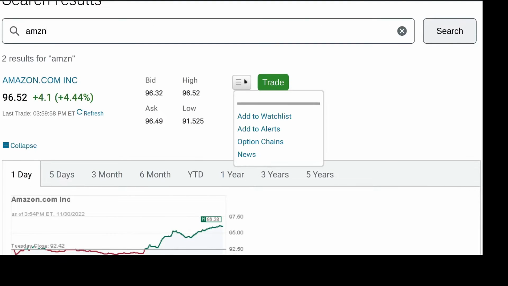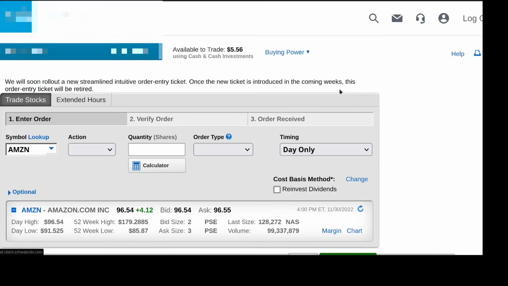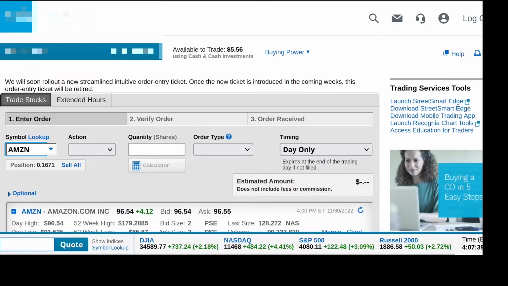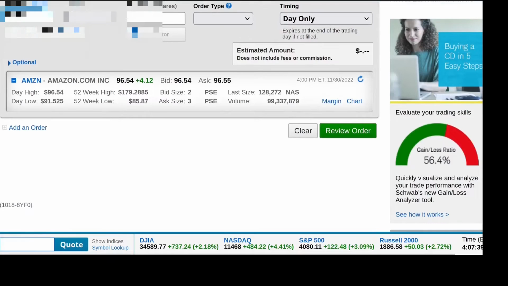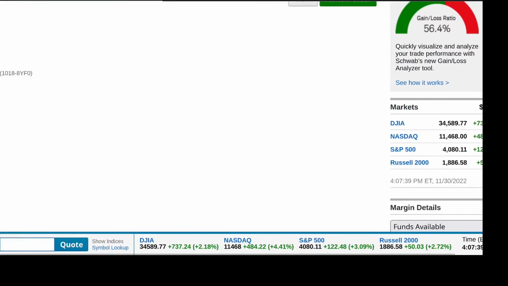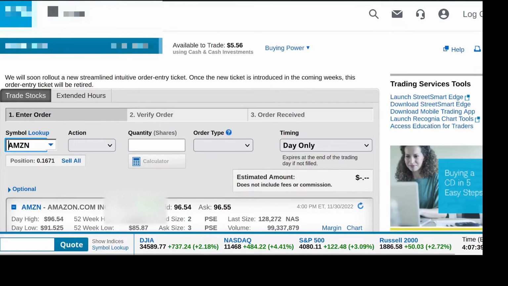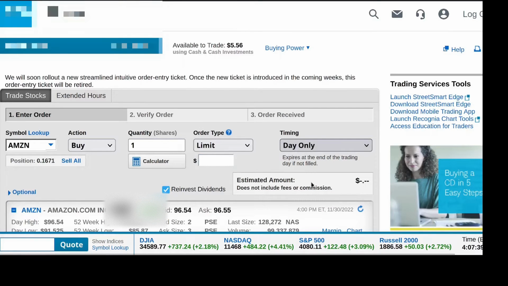Now you could hit trade here. So you put in a buy order, you put in 1 share, limit, good until canceled.